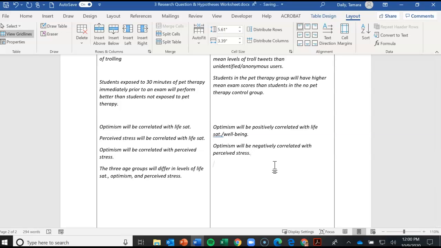So I could predict that, again, optimism would be negatively correlated with perceived stress.